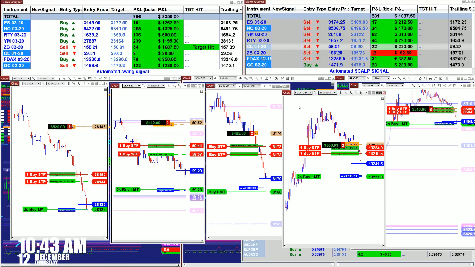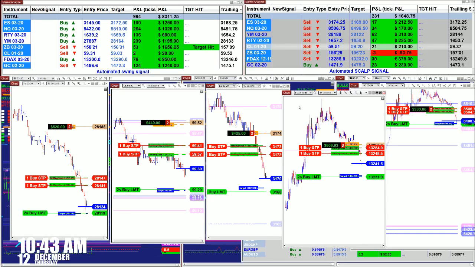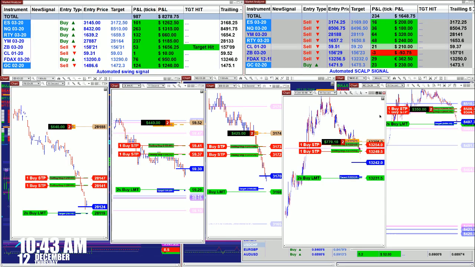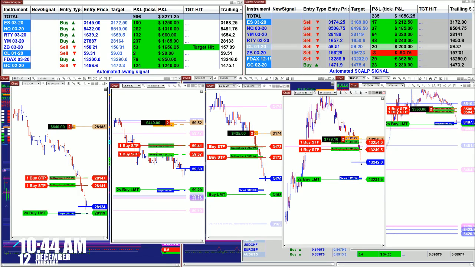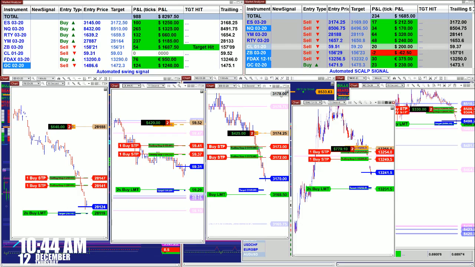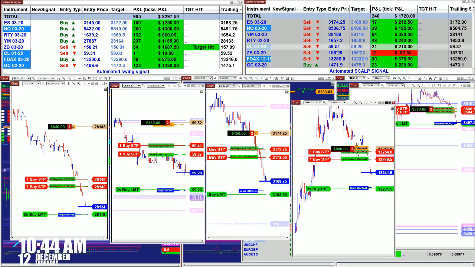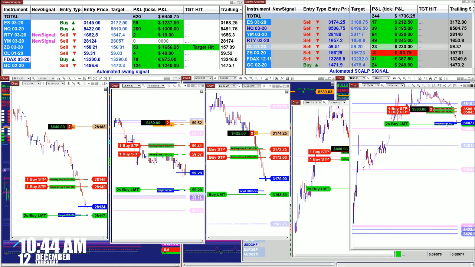And this is scalping, gentlemen. And there we go. They're all at break even. I love the DAX. It is a beautiful trade on the DAX. And the target is about to close on the Nasdaq, $380. This is not bad.